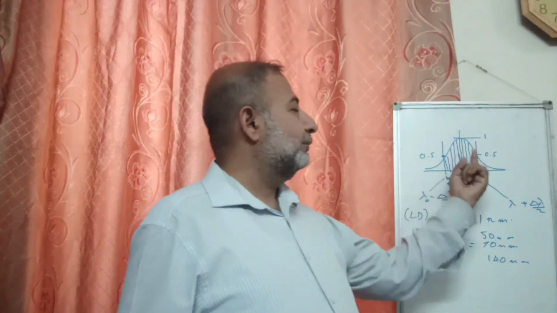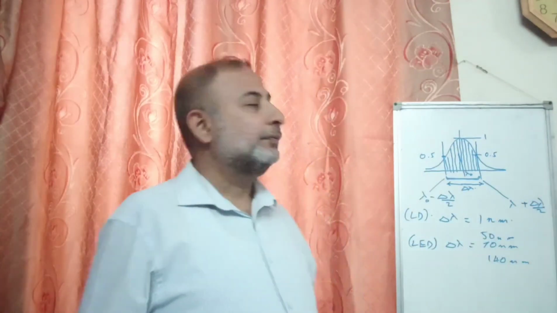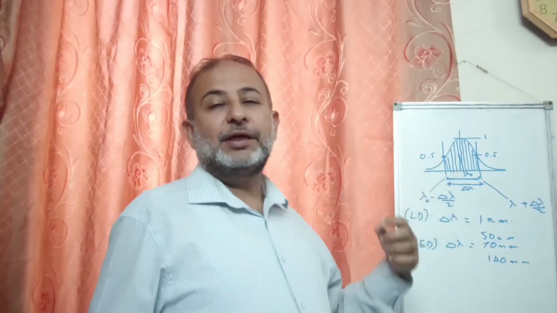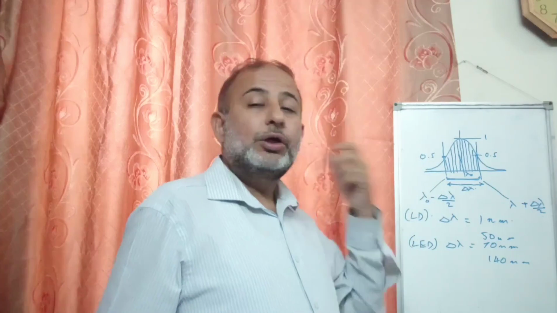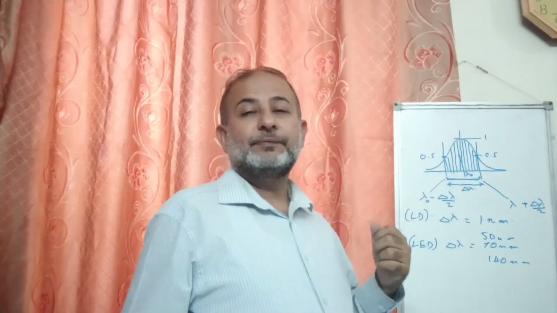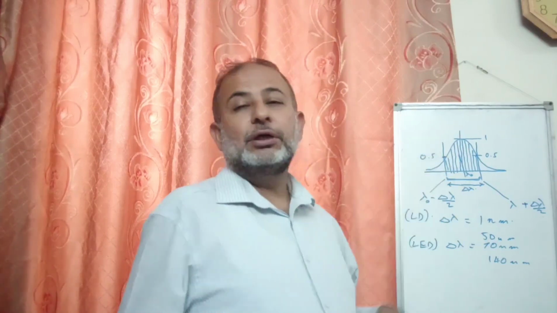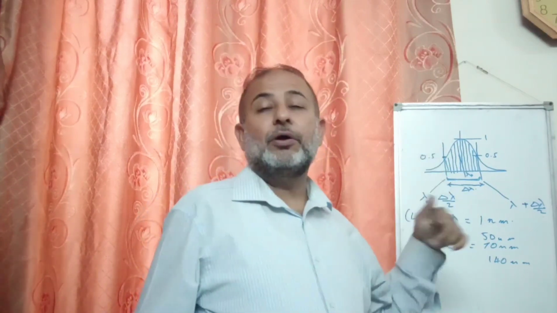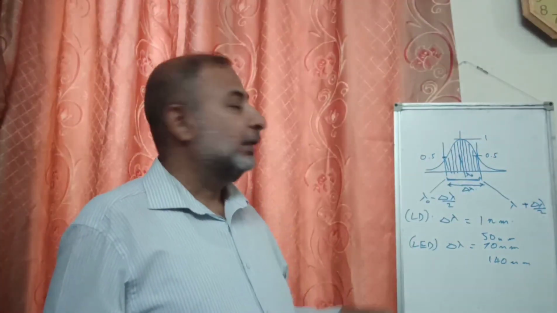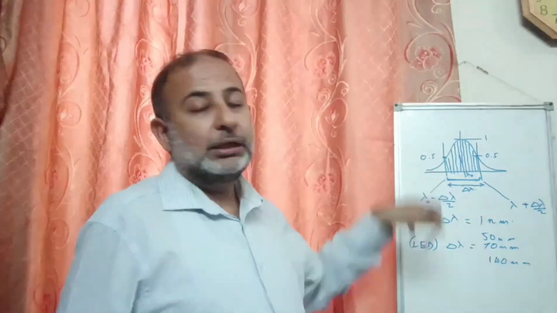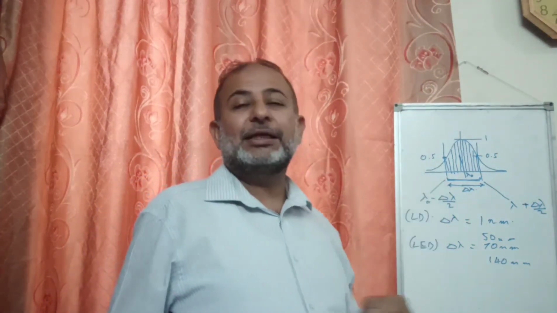And what is the wavelength over here? It would be lambda naught plus delta lambda by 2. And what would be the wavelength if we move in the reverse direction, towards the lower wavelength? A time would come when the intensity would be 0.5 times, or half, of the maximum intensity. We would note the wavelength over here. It would be lambda naught minus delta lambda by 2.